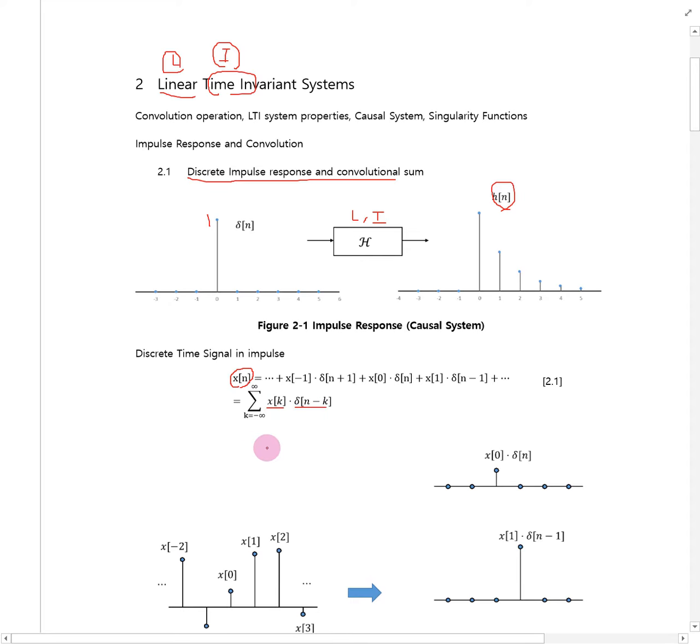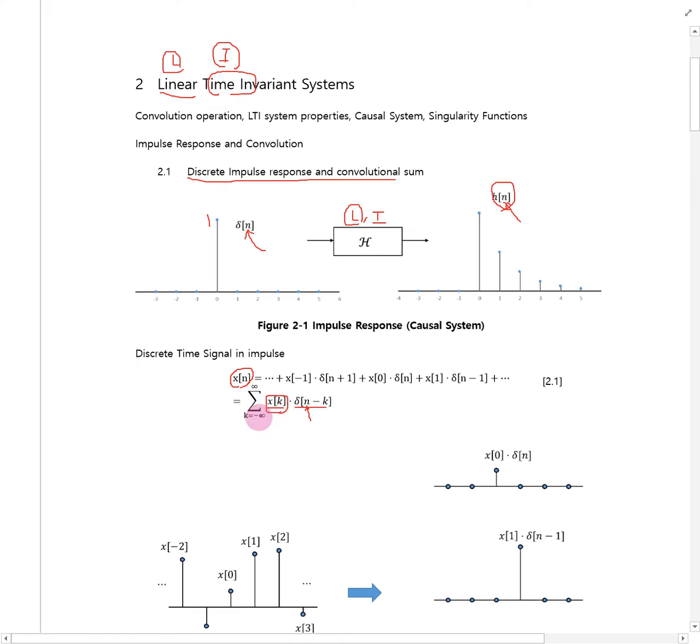We assume that the system is linear and time invariant. Due to the linearity, the scaling factor responds with the impulse response at index n. This is the index n, the variable of the system, but k is just a scale factor.